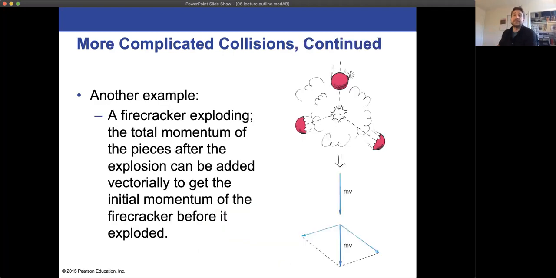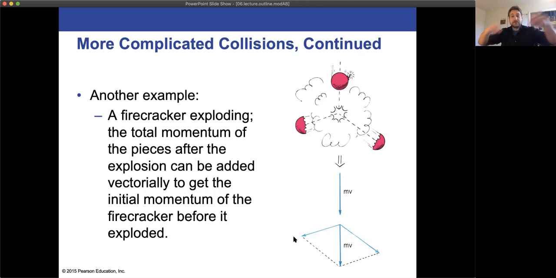Another example of a complicated collision, more complicated than just one car colliding with a parked one and they move together, is a falling firecracker that was lit and then explodes. Before it explodes, it had some downward momentum. Then after the explosion, the two pieces might be unequal.